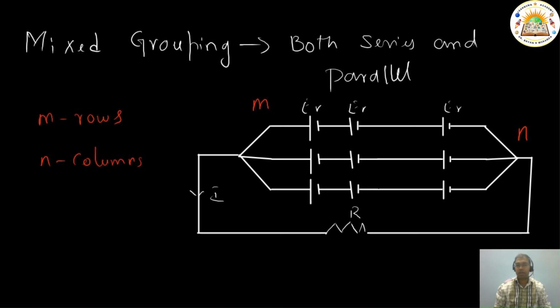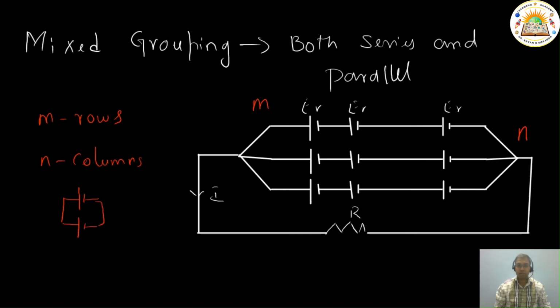The working is similar. Previously, in resistors, we added all the parallels and then added in series. But here, the cells themselves are in series and then they are in parallel. So we will have to make sure that we find a circuit which has something like this.